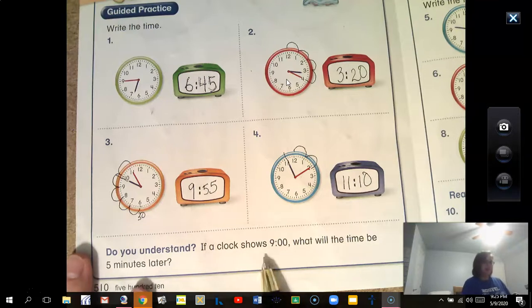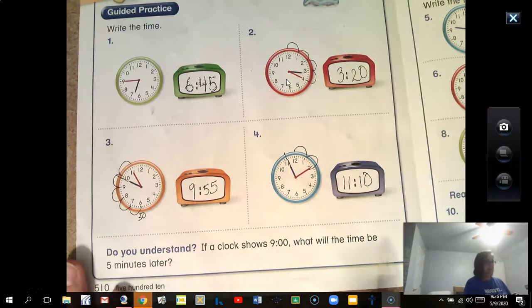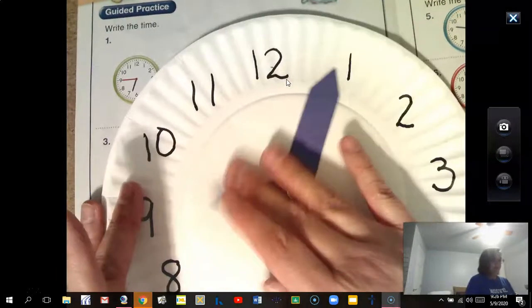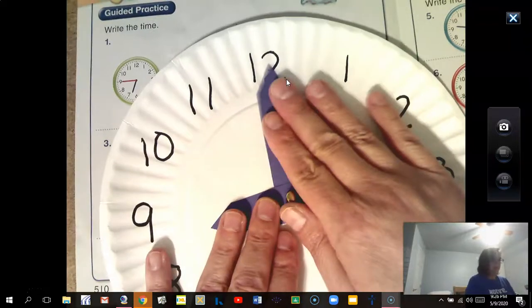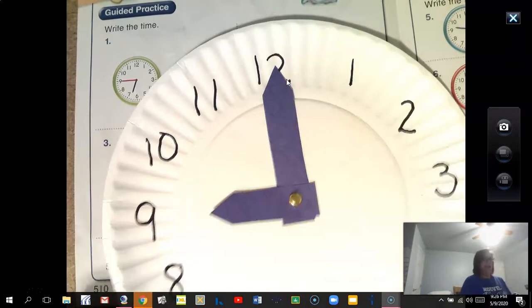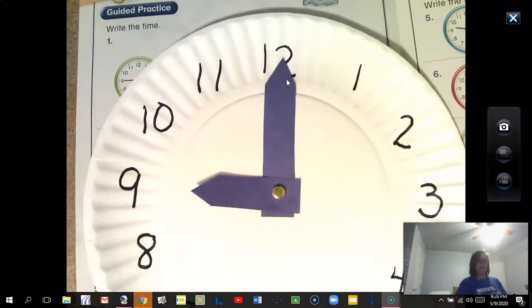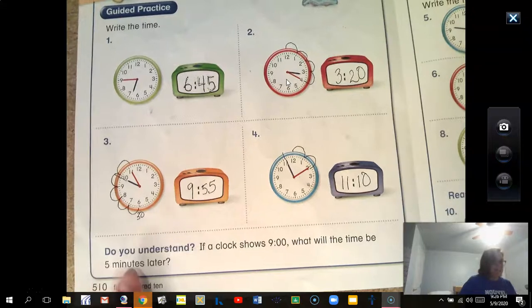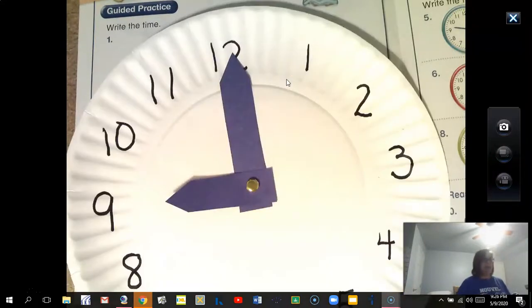Okay, if a clock shows 9 o'clock, what will the time be 5 minutes later? Well, this is a good opportunity for you to get your clock out and make it 9 o'clock. And then remember, we're going to use the minute hand because minutes went by. It's 5 minutes later, so we're only going to touch the minute hand, okay?